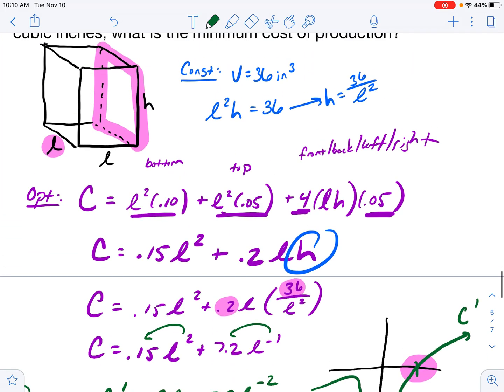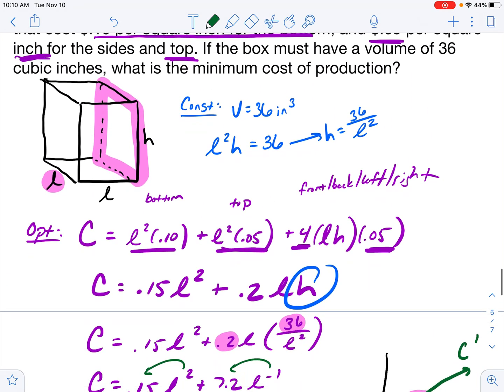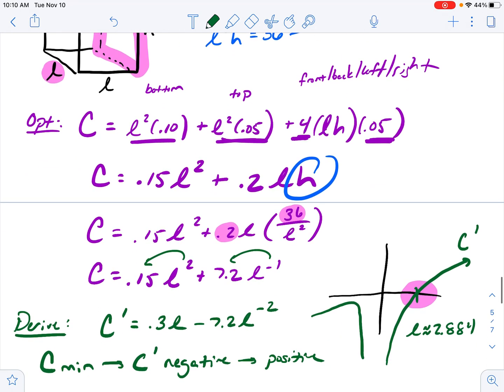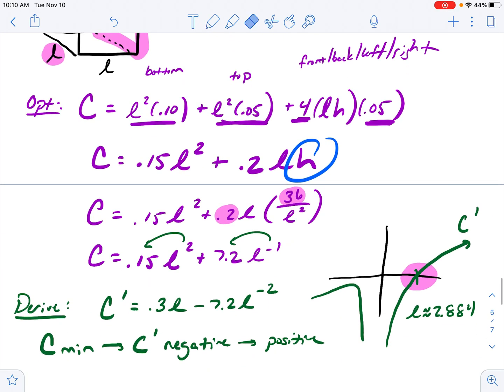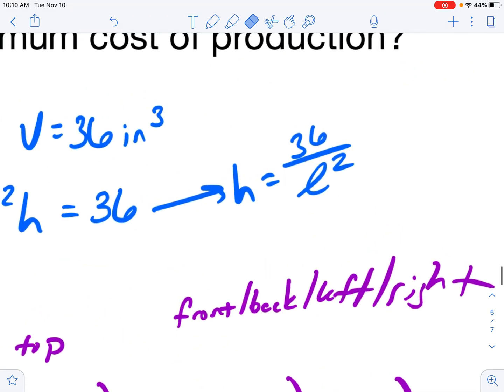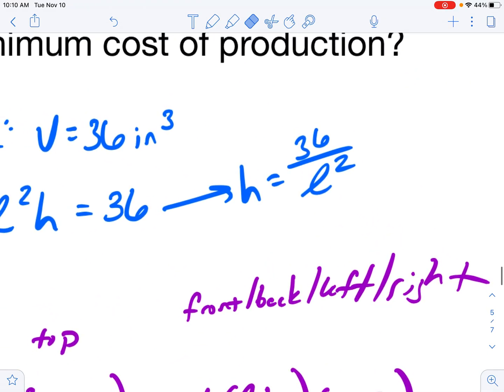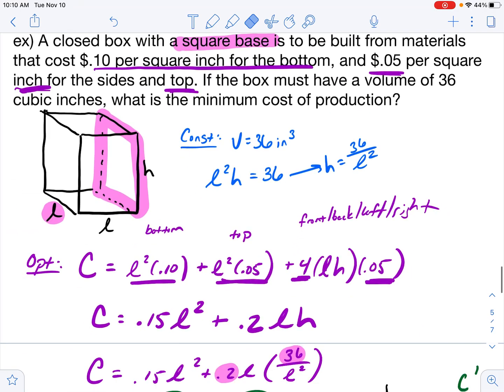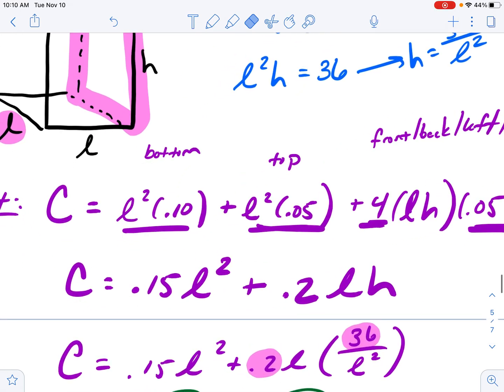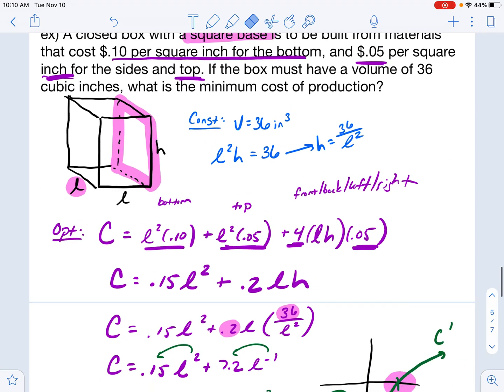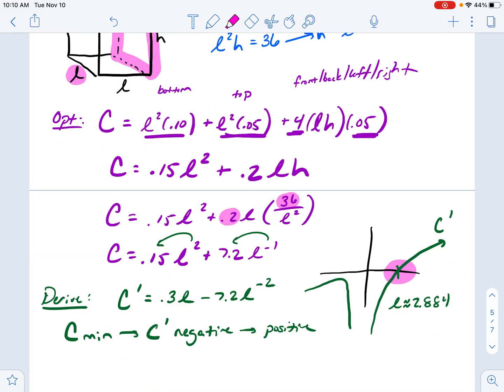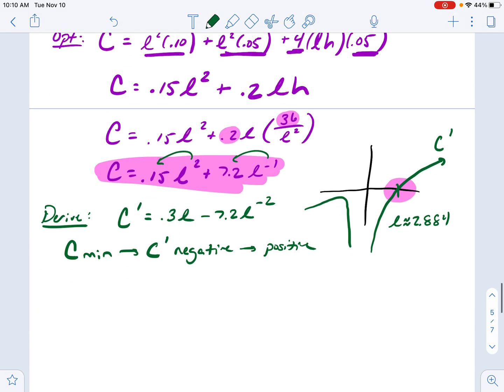When L is 2.884, the length of the bottom of the box is 2.884. We will minimize the cost of producing this box. And so now I actually want the minimum cost of production. Once again, as a reminder, I can come up here and solve for H now that I have L. I can go back and plug it into this original cost equation in terms of L and H. But more simply, remember, we do have this just in terms of L. And so that's what I'm going to use to get the minimum cost.